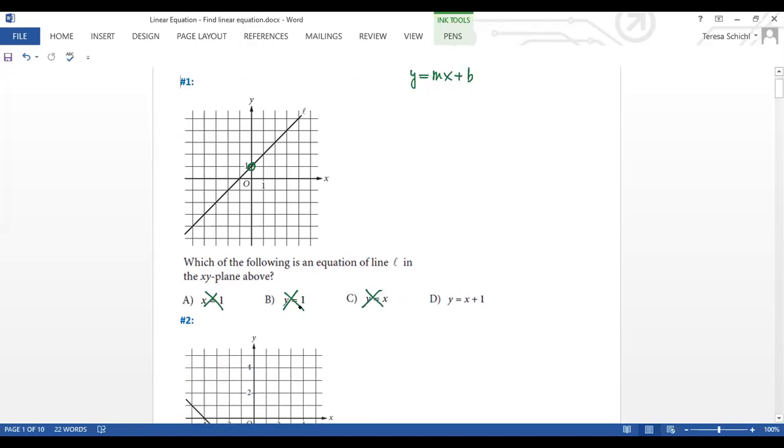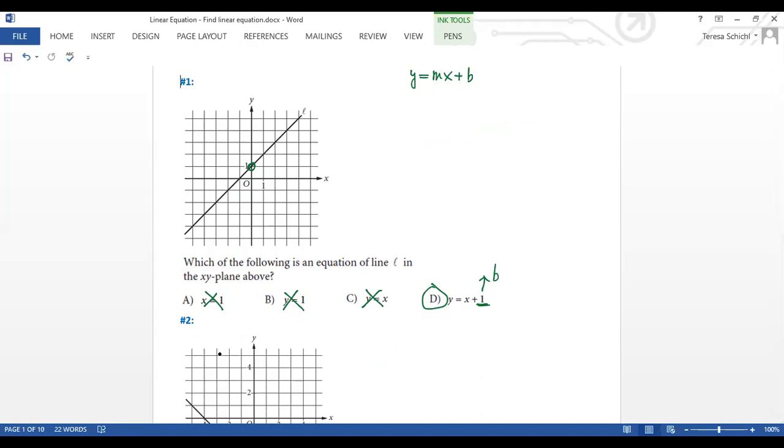So now the only possible choice is D. If you compare to y equal to mx plus b, this is supposed to be your b, the intercept. That's correct here, right?